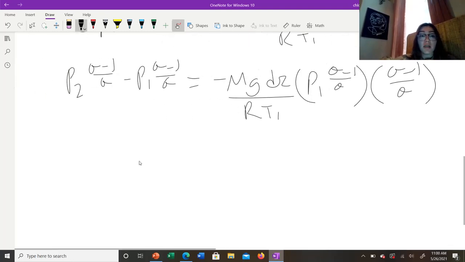So now we can see that on the left and on the right we have terms that have P1 to the gamma minus 1 over gamma. So we're going to go ahead and get those together.